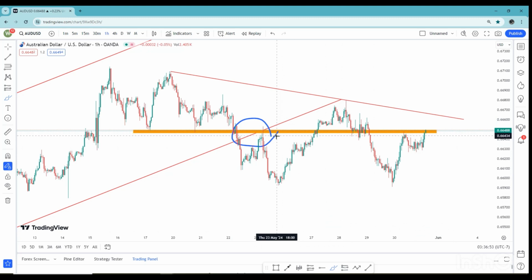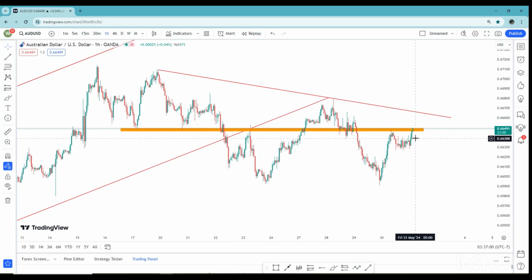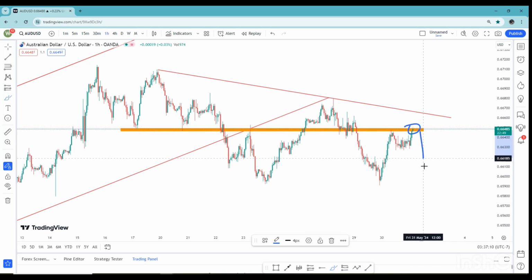By the way, I've been expecting the market to hit around this zone here and the market to drop down.